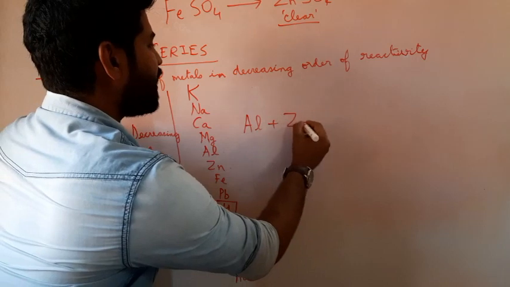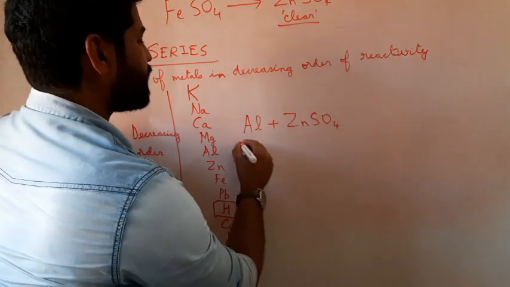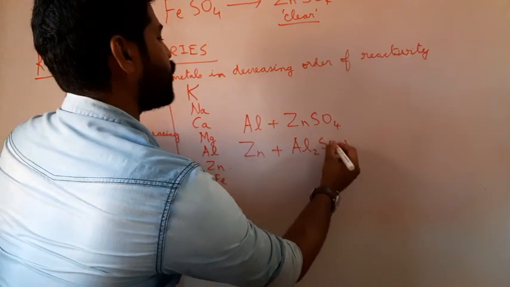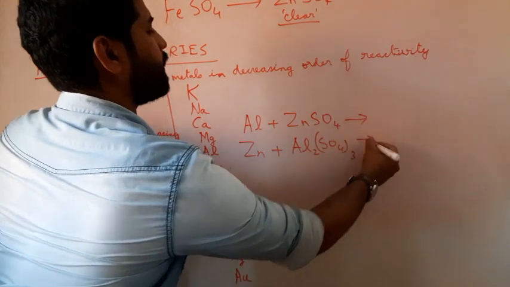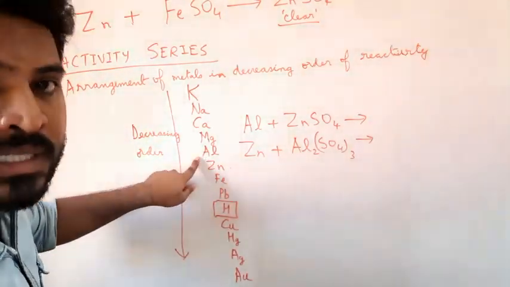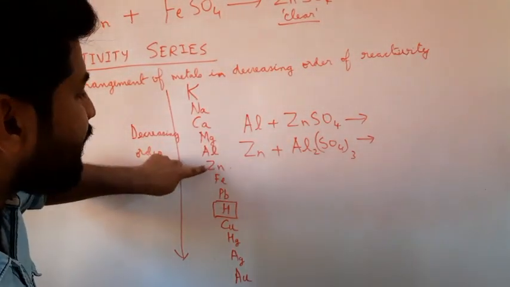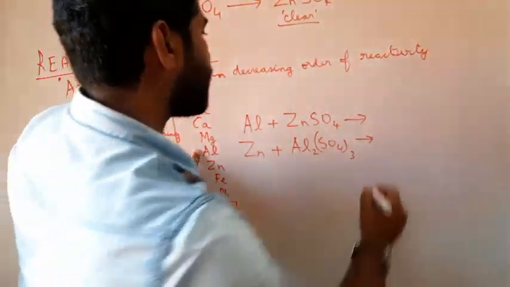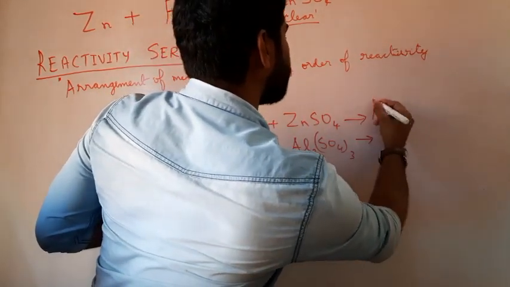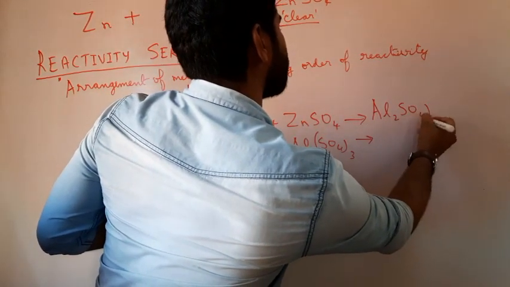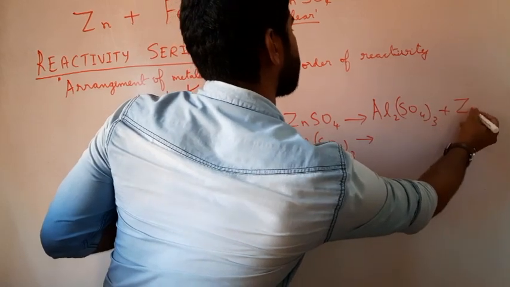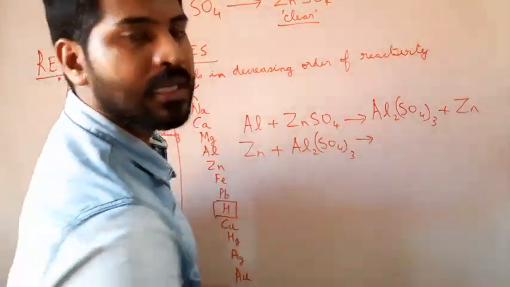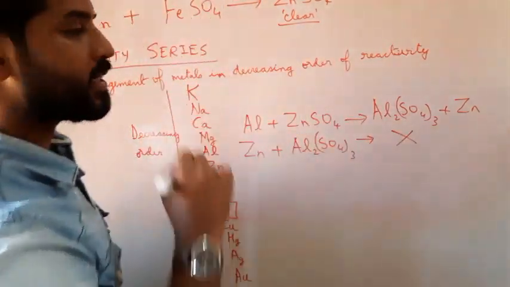So if you put aluminium into a solution of zinc sulfate and zinc into a solution of aluminium sulfate, by looking at the reactivity series, it is very clear that aluminium is placed above zinc, which means aluminium is more reactive than zinc. So aluminium will be able to displace zinc from zinc sulfate and aluminium sulfate is formed, whereas on the other hand, if we add zinc into aluminium sulfate, there is no chemical reaction that is taking place.